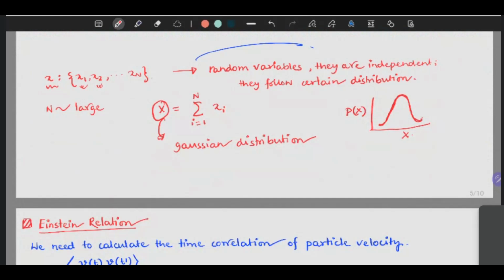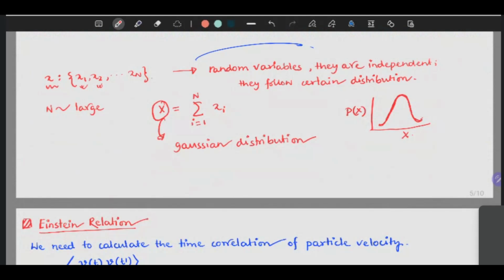Now if you just replace t prime by just t, then you can get some interesting thing, because then you have to just take the square of this, right?